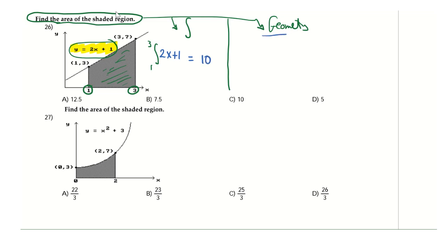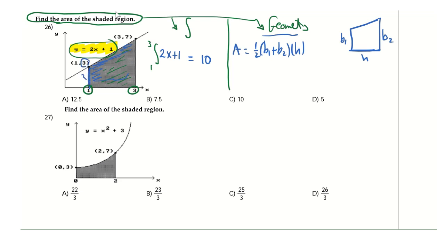By using geometry, the shaded shape here is a trapezium. And the area of this trapezium is base 1 plus base 2, divided by 2, multiply the height. Area of the trapezium is half the sum of the two parallel bases multiply the height. So I need to find this height, and it's given.